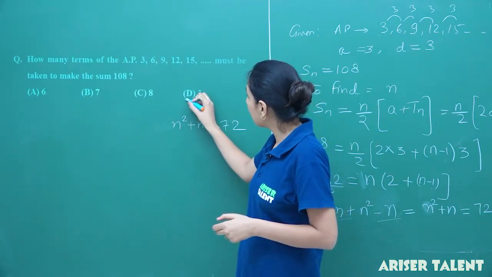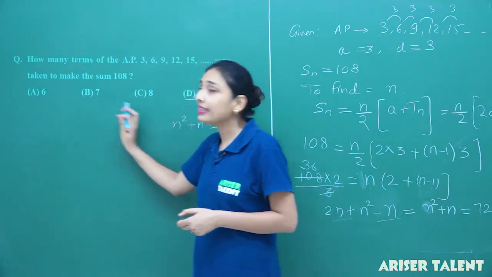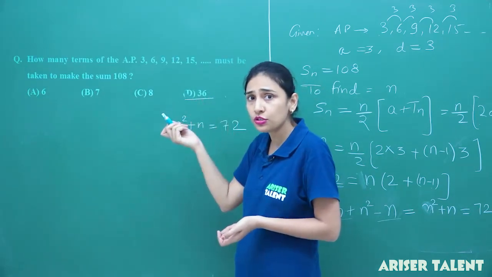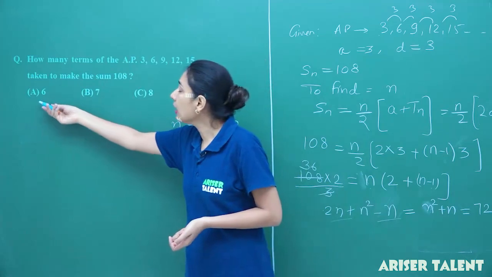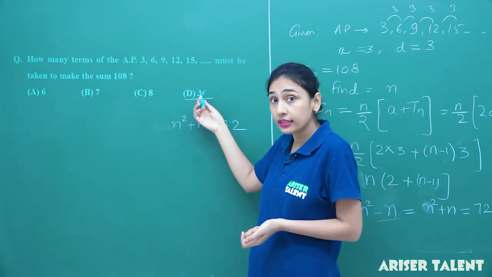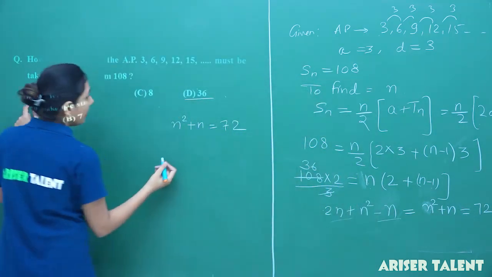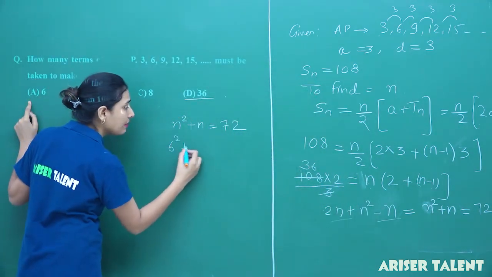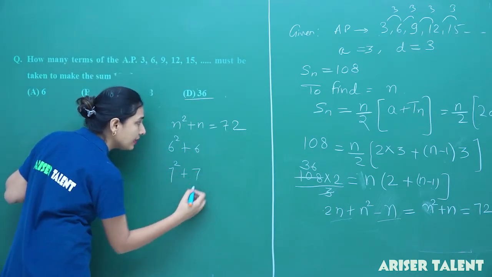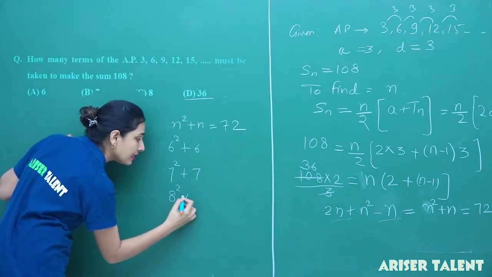So just leave this number, try these 3 numbers. If these 3 numbers are not giving you the answer, this is your answer for sure. And if you are getting the answer from these 3, you need not calculate this one. So do this. If you are having 6 here, 6 square plus 6. If you are having 7 here, 7 square plus 7. If you are having 8 here, 8 square plus 8.